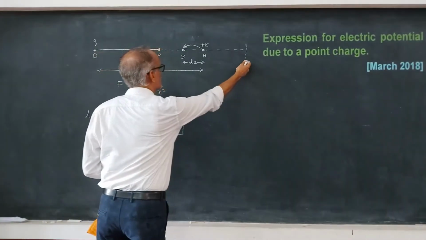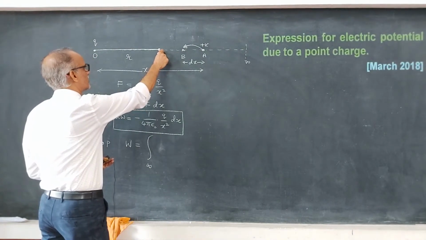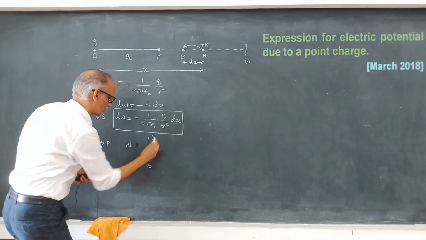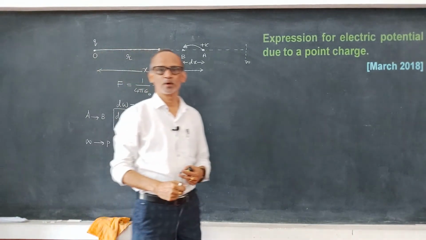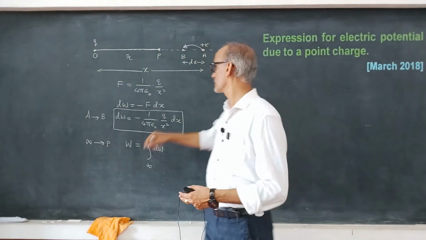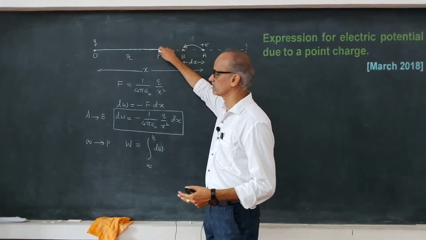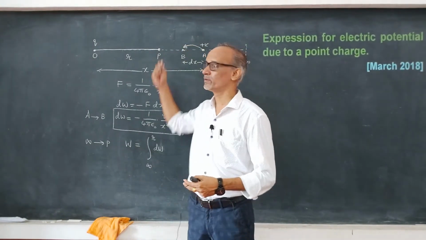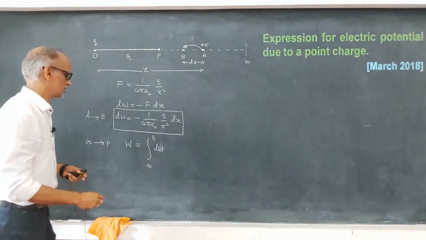When the charge is shifted to the point P, the value of x becomes equal to r. So, infinity to r, and then add such small works, and you will get the total work done in moving unit positive charge from infinity to that particular point. Why are we moving the charge to the point P? Because that is the point where we want to find the electric potential.